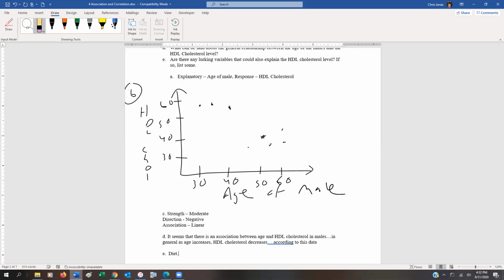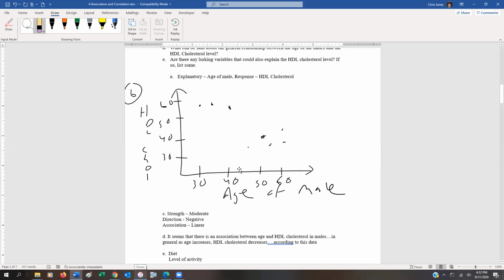Another one is going to be your level of activity. Generally, people that are sedentary and don't have a lot of activity are going to be more likely to have a lower HDL cholesterol level and a higher LDL cholesterol level, the bad type. So we always have to think to ourselves, yes, this does explain it, but is it really the best explanation?